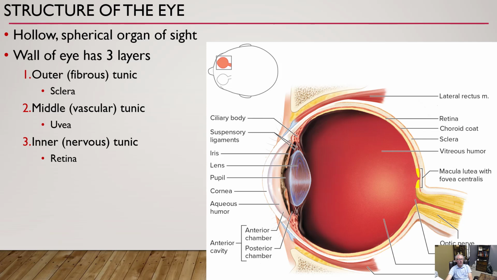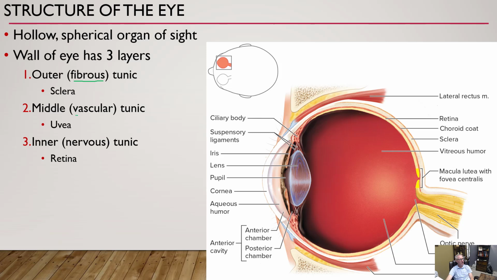All right, with your eye structure, we have 3 different kinds of layers of the eye. We have an outer layer, a middle layer, and an inner layer. That outer layer is a fibrous layer.